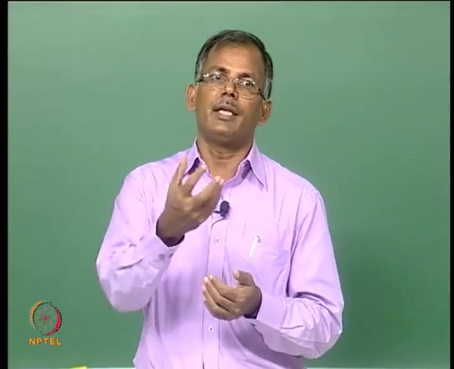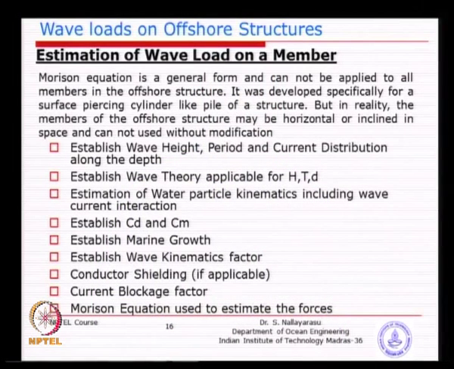So, we take a parameter and look at it. If that wave theory is not suitable, then we go to Stokes wave theory and see whether that wave theory is applicable. Fortunately, we do not need to struggle a lot, because over a period of time people have devised a simplified procedure to select a wave theory, and we will use the chart. There is a design chart available, so that you know the wave height and you know the water depth.